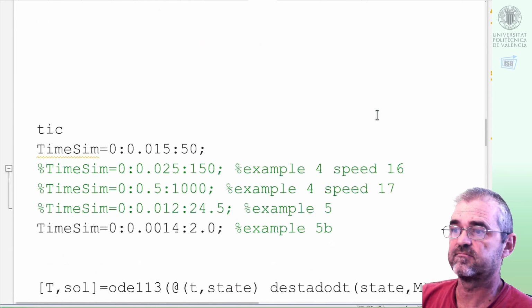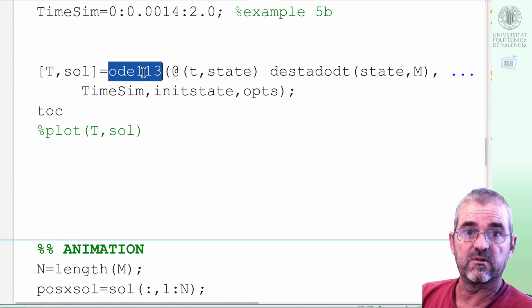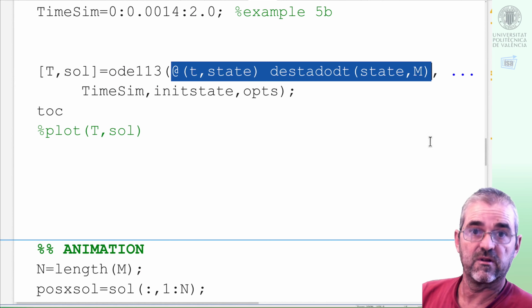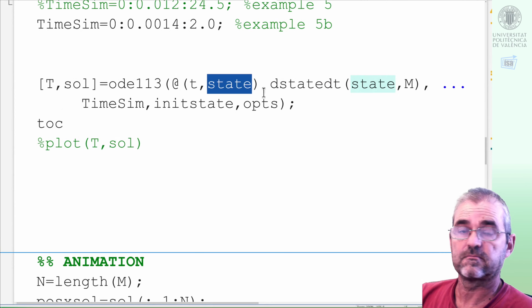This is the state, and I need to decide a given simulation time, and I will call the numerical integration routine with the physics, the most important piece of the code here. We're going to delve into it in a minute. A function computes the derivatives of a given state of the system at instant lowercase t.